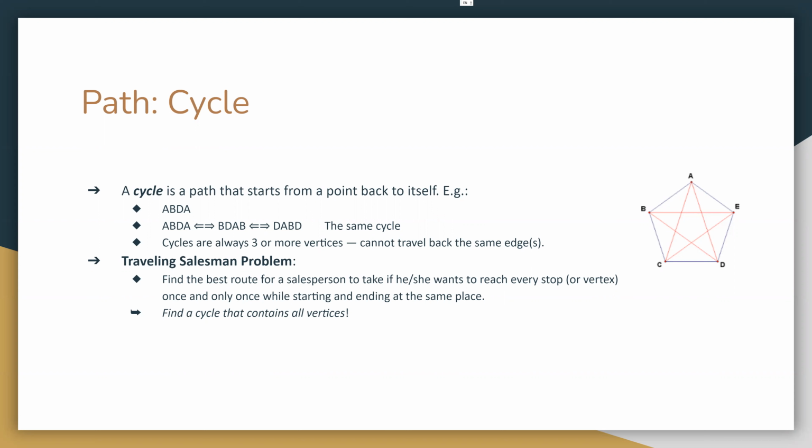Cycles always have 3 or more vertices, 3 or more nodes, because 2, actually, when we talk about directed graphs, that was also allowed. But here we don't treat that as a cycle in the undirected graph.